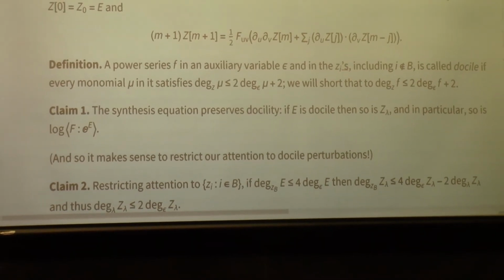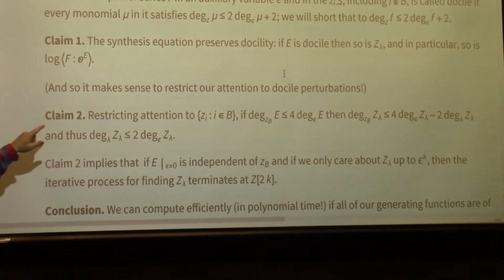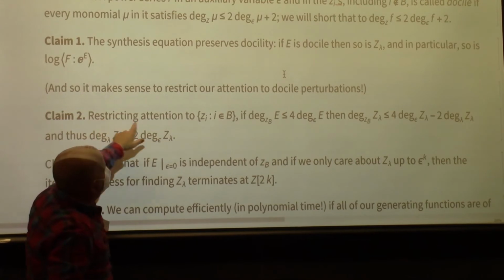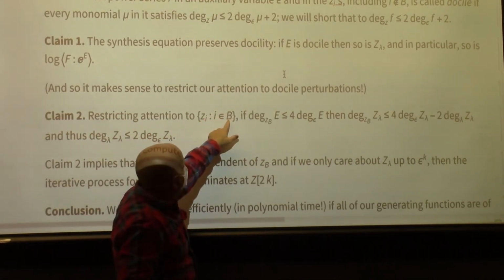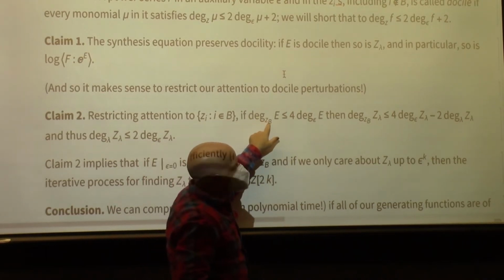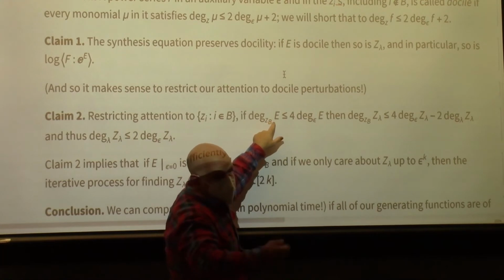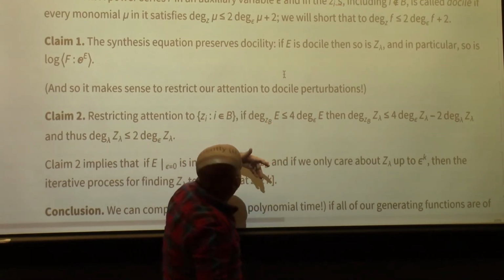Okay, claim number 2. Restricting our attention now to the variables in B, these are the variables that are actually active, which I actually contract.